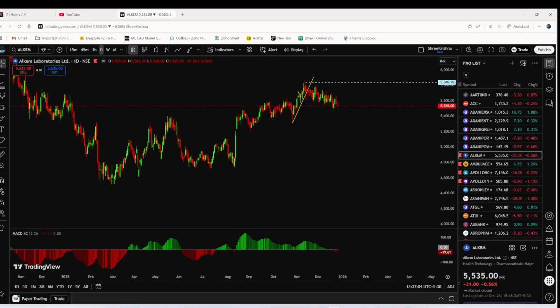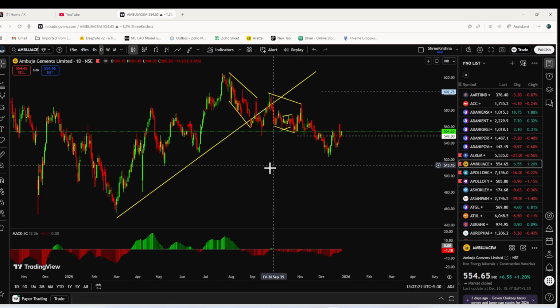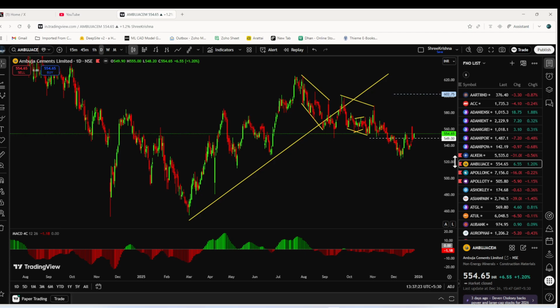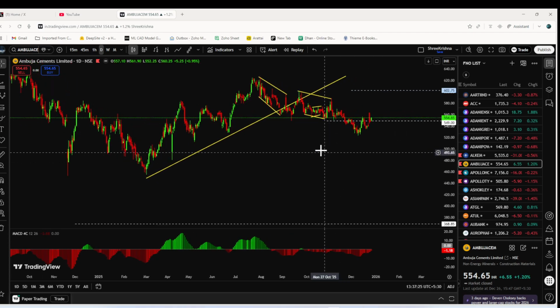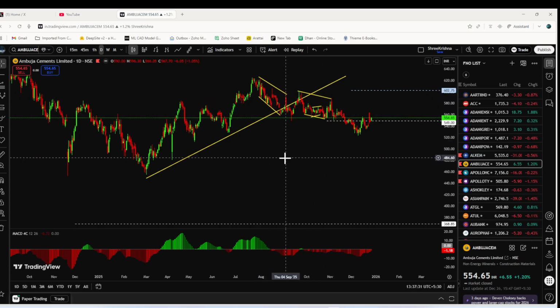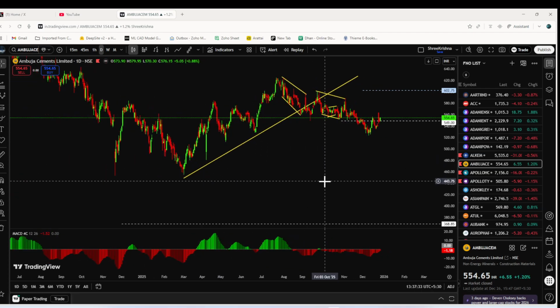So you can expect that A, B, C has completed, or we might get A, B and C before we go up. So that is on the cards. Above the trend line it made one pattern, below the trend line it made one pattern, and on both sides it overlapped. Yes, this is a complex pattern.